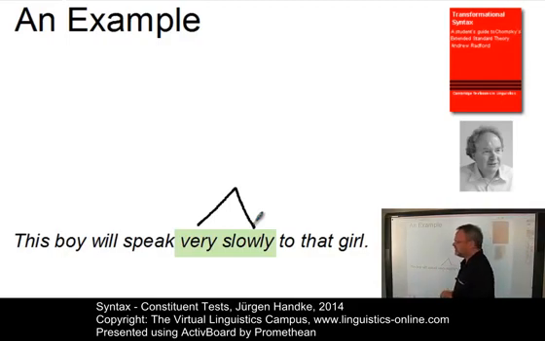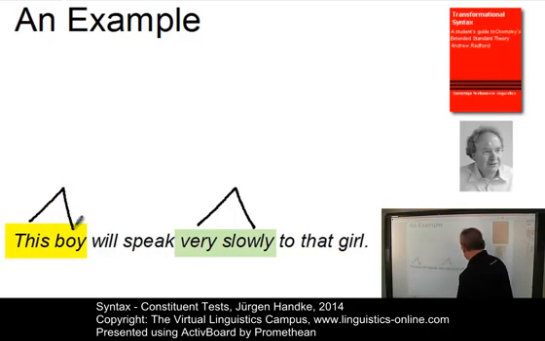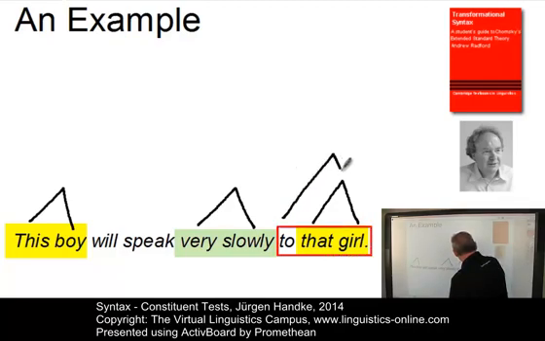We will furthermore agree that "this" and "boy" go together, and similarly "that" and "girl". And we will also share the opinion that "to" and "that girl" somehow build another constituent.